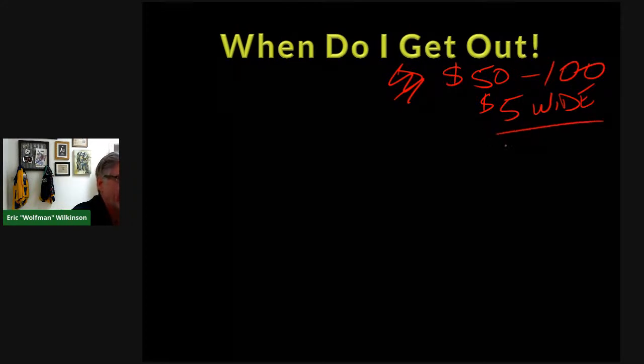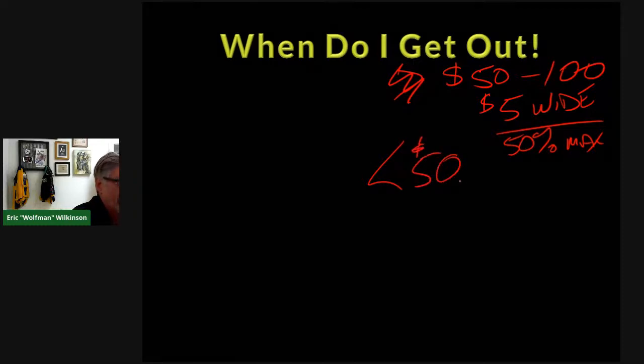I'm going to be looking to get out at 50% of max profit on any of the bigger ones. If it's less than $50, because you're only going to be collecting something like 33 cents, I would be looking to write it out, or get out for a nickel.